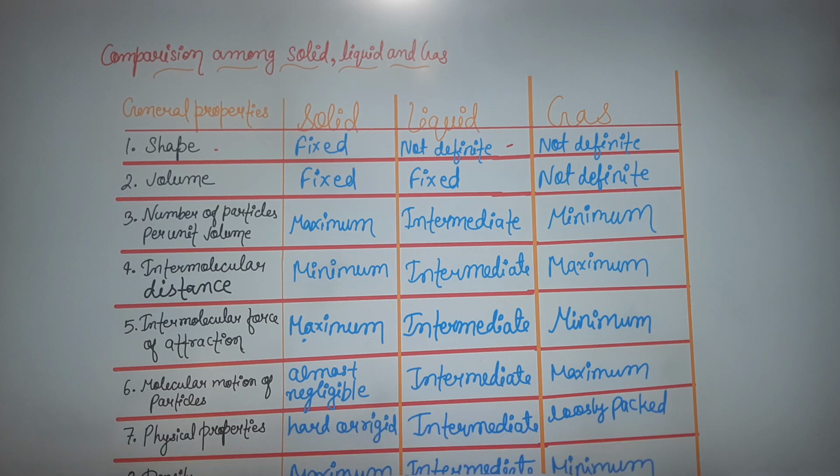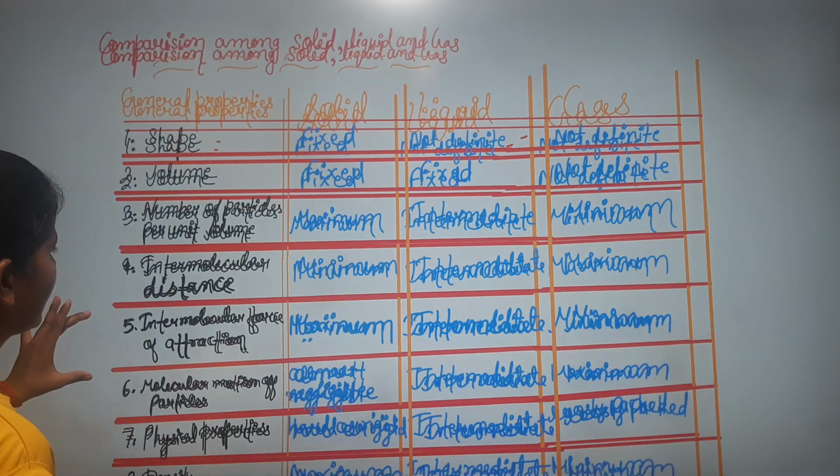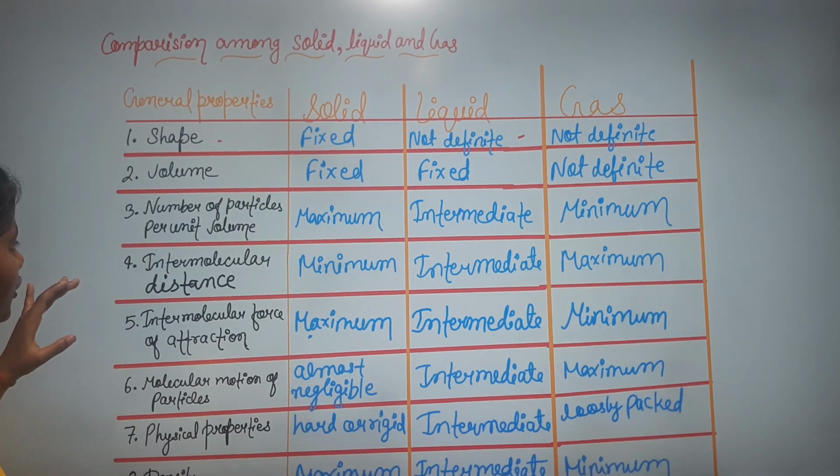Now, our third general property is the number of particles per unit volume. In a solid, the number of particles per unit volume is maximum. In liquid, it is intermediate, and in gas, it is minimum. And the fourth one is intermolecular distance, or you can say intermolecular space.